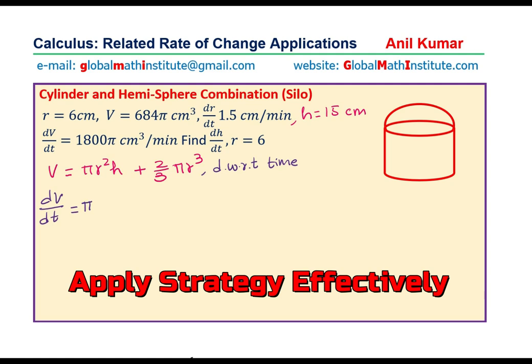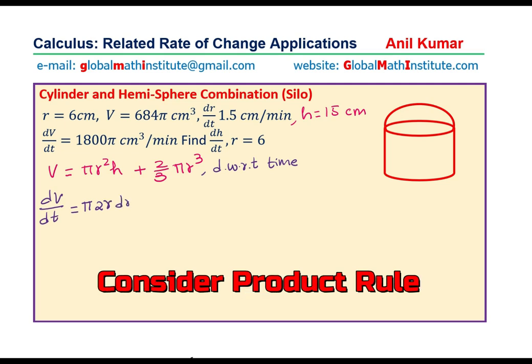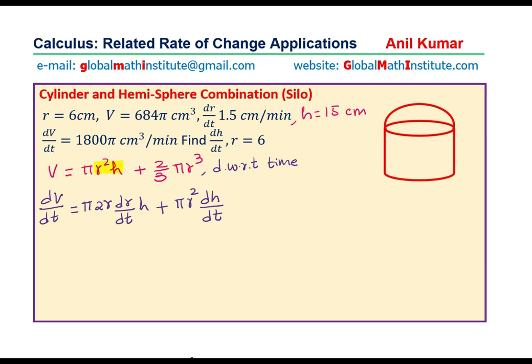Derivative of r square will be 2r dr/dt, times h, plus derivative of h. We have pi r square dh/dt. So what we have done here, we have applied the product rule, right? First we differentiated r square, then h.